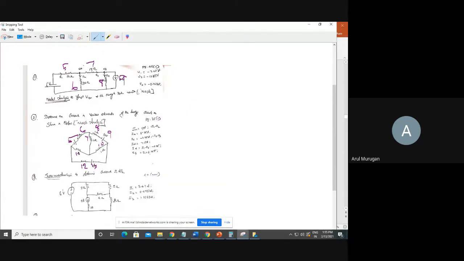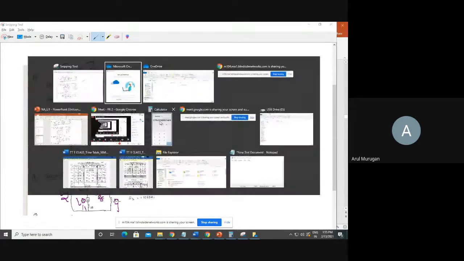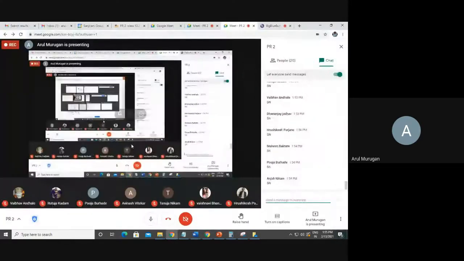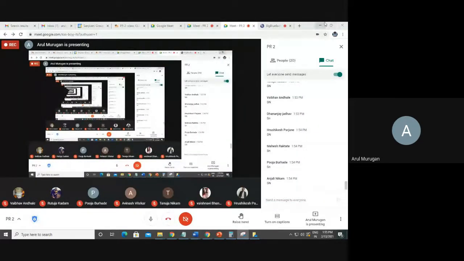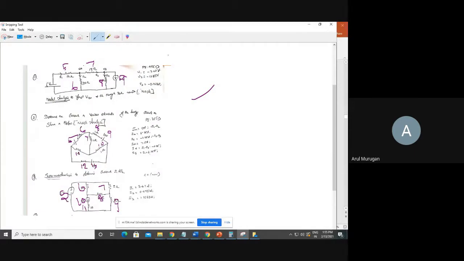If your roll number is 5, then with your own assumption, 5, 6, 7, 8, 9, 10, 11. So this is about your problems. You will write 11 of them. Take your problems according to your roll number and complete it.